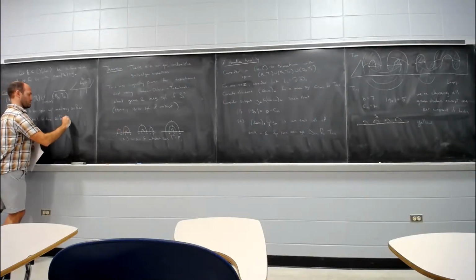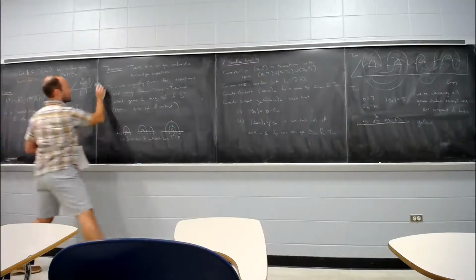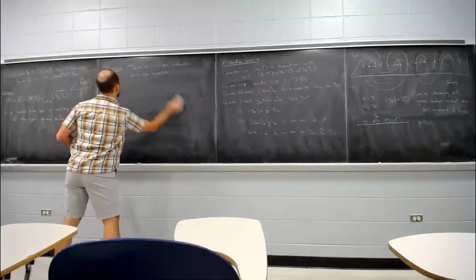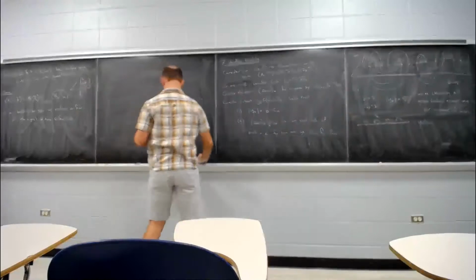So the claim is that by very carefully choosing these yellow arcs, these Y star, I've actually chosen a collection of bands for the link Li. Let's see what I want to say in support of this.